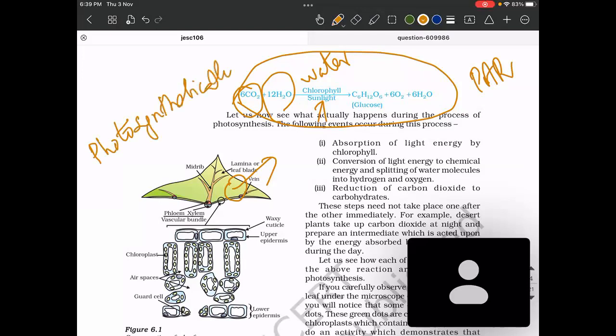Photosynthetically active radiation. What is PAR? PAR, photosynthetically active radiation. Okay?